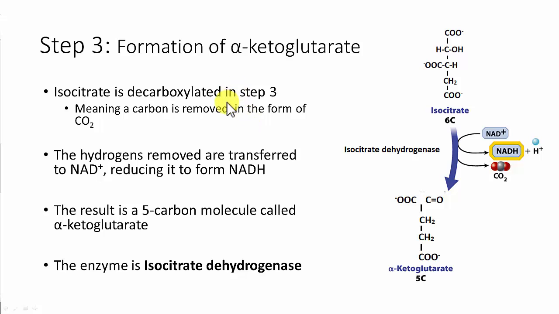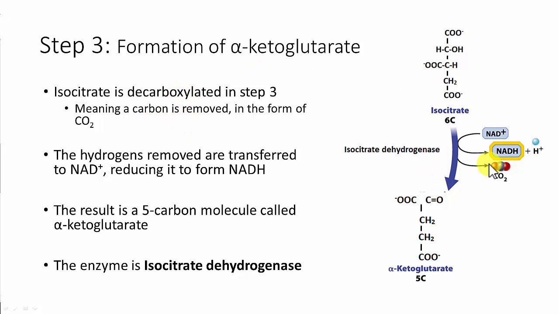Step 3 is a key reaction in which we're going to have another reaction that generates NADH, called a dehydrogenase. What I meant to say there was another decarboxylation. Also a dehydrogenation, but a decarboxylation was the word I was looking for there.